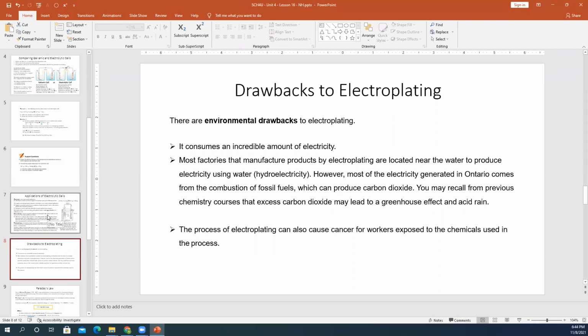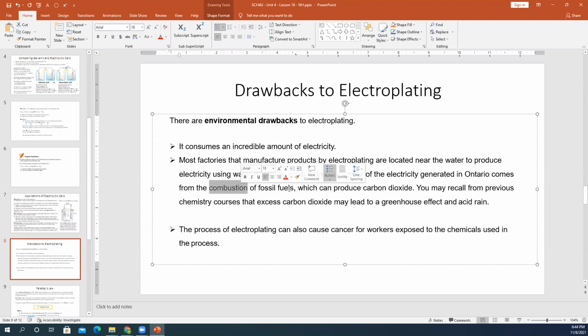And if you have factories that manufacture products using this electroplating technique, although most of them are usually located on water where there's a source of hydroelectricity, a lot of the time the electricity generated in a place like Ontario is through the combustion of fossil fuels.